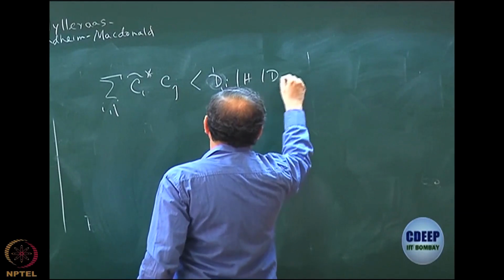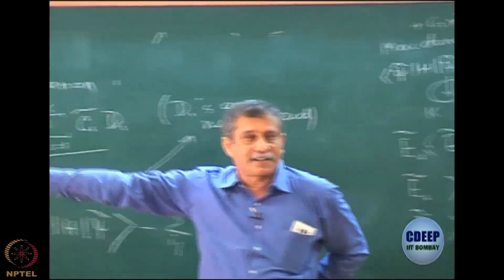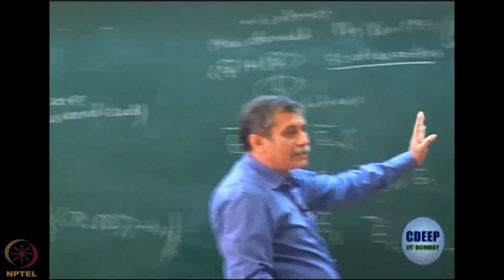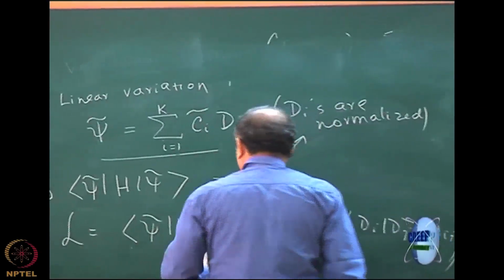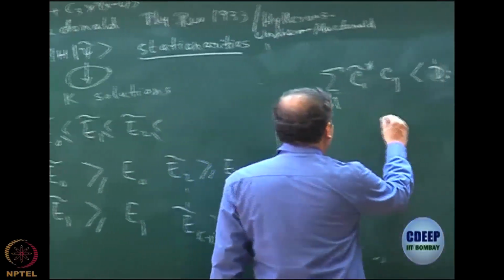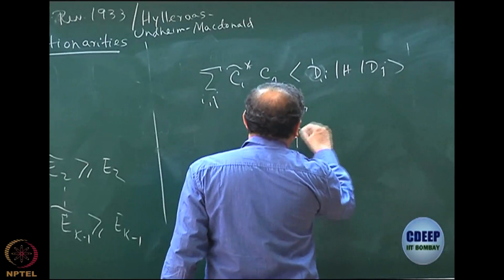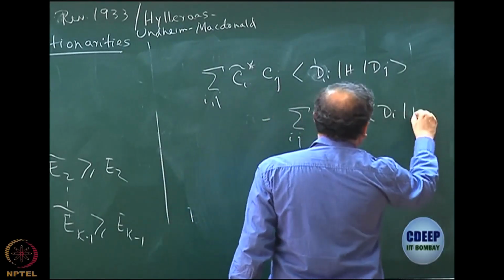Note that that time I had expanded in terms of exact eigenfunctions for proving the Rayleigh-Ritz principle. Here it is not an exact eigenfunction, they are basically the bases. So this is what I will get here. I expanded this as i, this as j, so I get di h dj minus sum over ij lambda ij di dj.